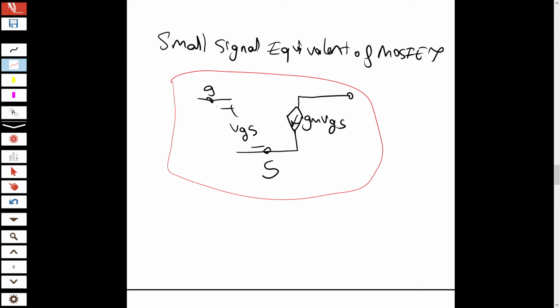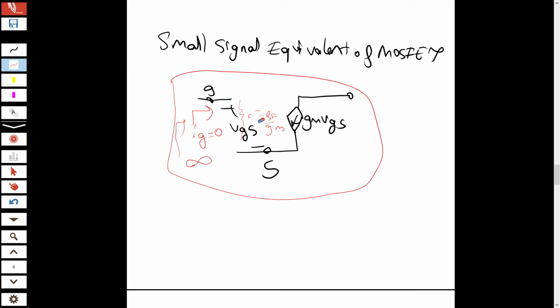So why is there an open circuit here? Because gate current is 0. There is an open circuit here. So if you look from here, you see infinite resistance. Remember, when you look from here, there was r pi, resistance beta over gm in BJT type.